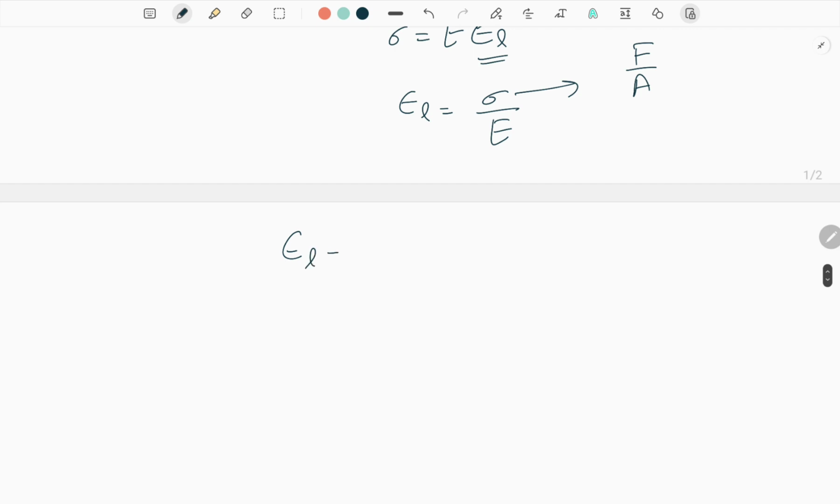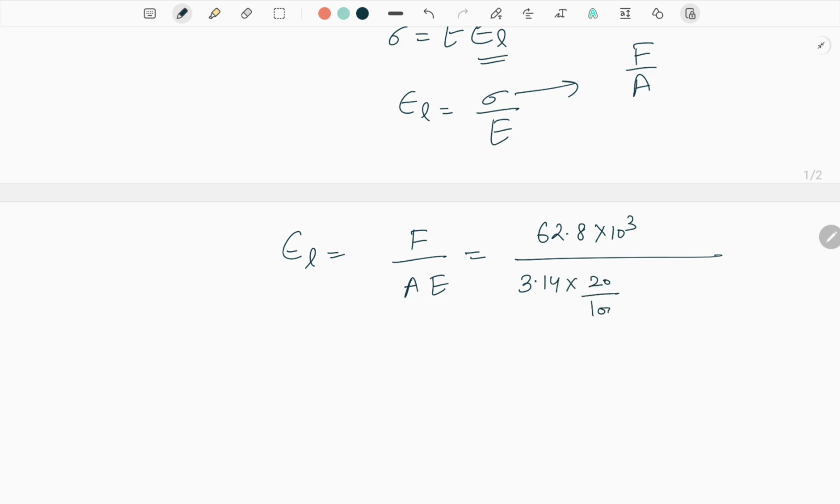So the strain is equal to F upon A into E. Force is 62.8 into 10 to the power 3. Convert everything into Newton and meter. Area is pi, 3.14, into 20 by 1000 squared, into 2 into 10 to the power 11.